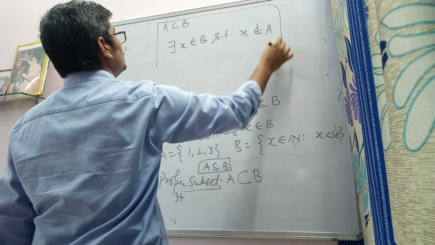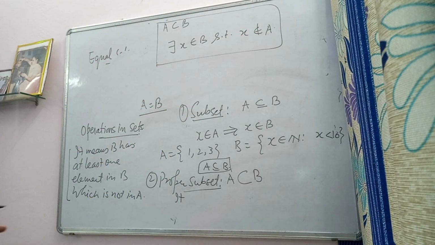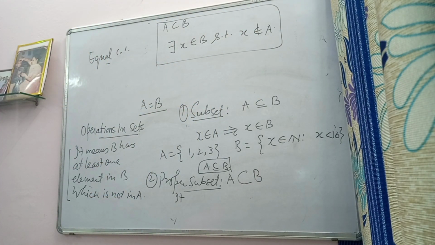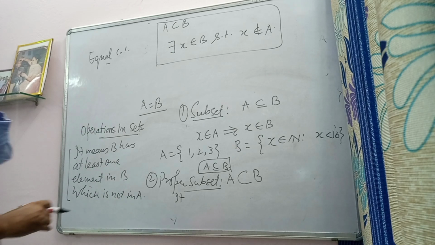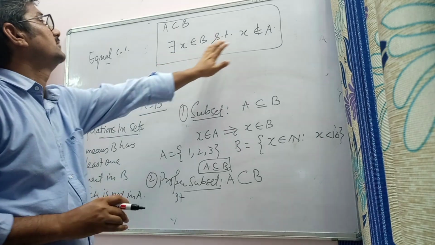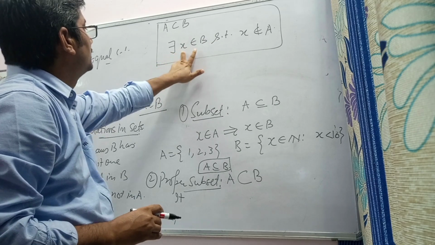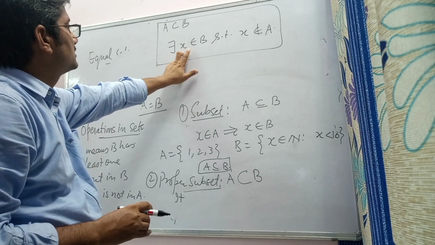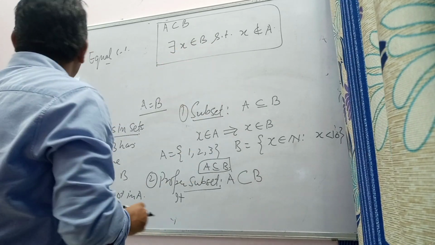If you want to prove any result, means you want to show that A is a proper subset of B, you must keep in mind that we have to prove at least one element in B which is not in A.